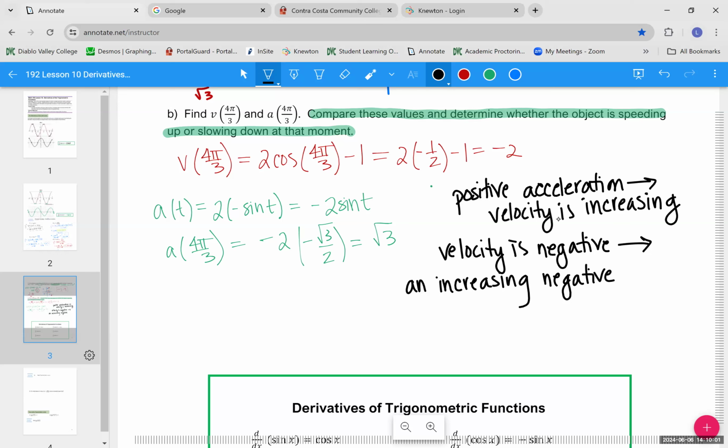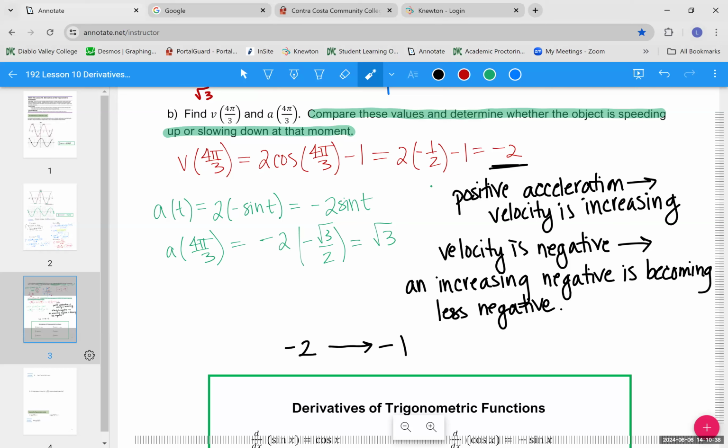So an increasing negative is becoming less negative. So if its velocity started at -2, it's increasing, it's becoming something like -1. That's just an example. So talk to me about speed. Is the speed of that object from here to here faster or slower?